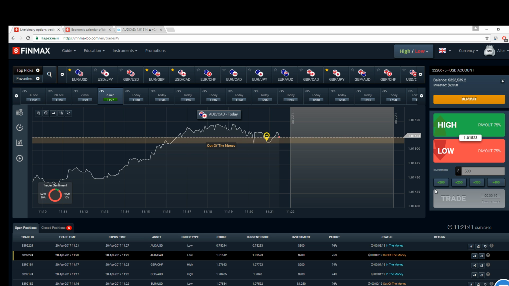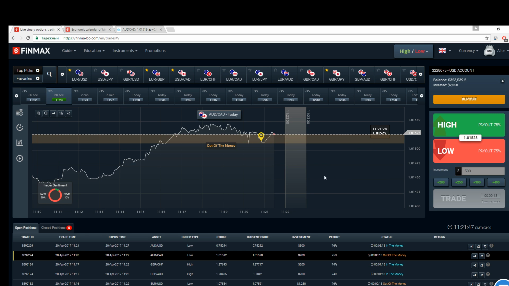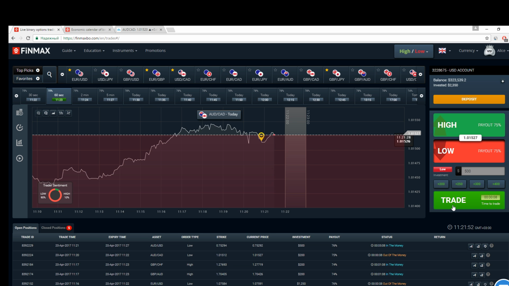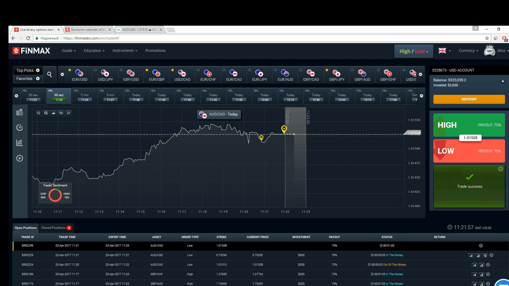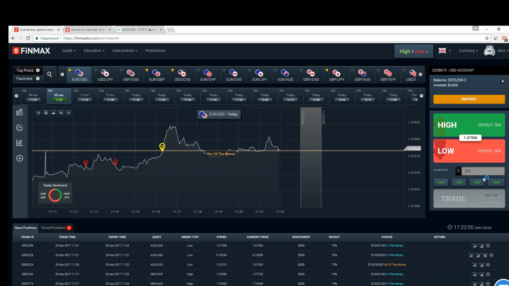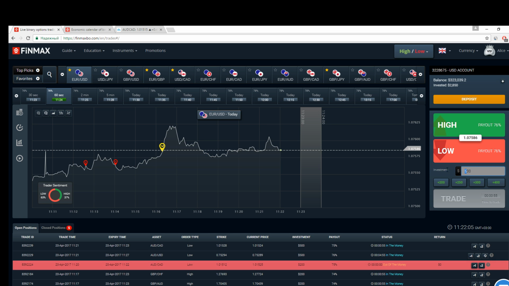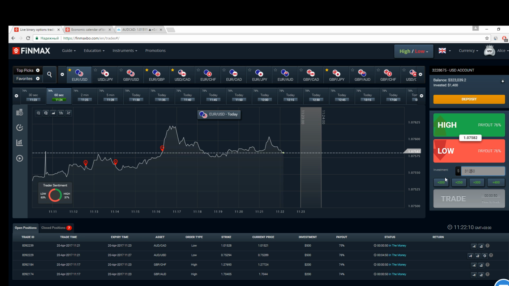Australian to Canadian. Let's get ready for the second stop, because obviously it will expire out of money. I will open beforehand because I need to open another one for euro. Okay, let's. Oh, come on. One second.